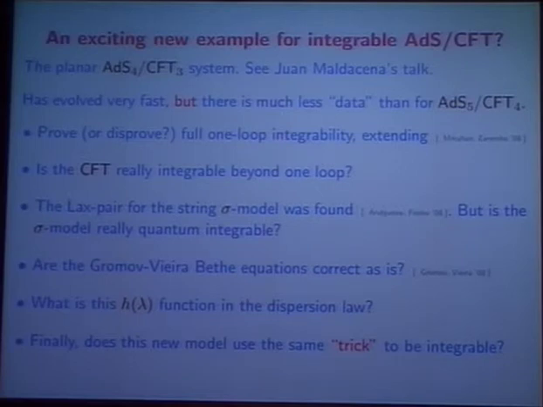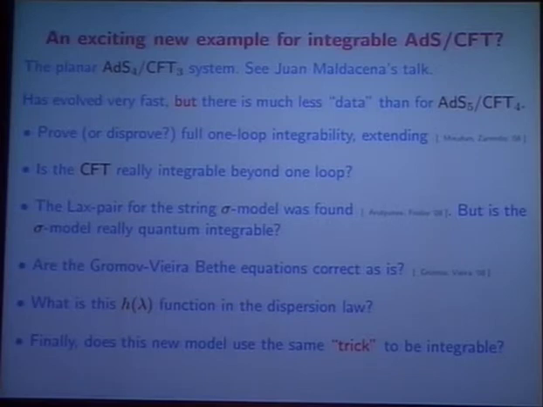But it's going a little fast, so one should cool down a bit and do some solid work here. What Minahan and Zarembo showed is that in the scalar sector there's again one-loop integrability, but it wasn't really shown for the full model that it's one-loop integrable, and certainly there was no two-loop test even.